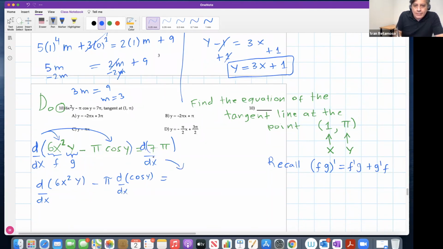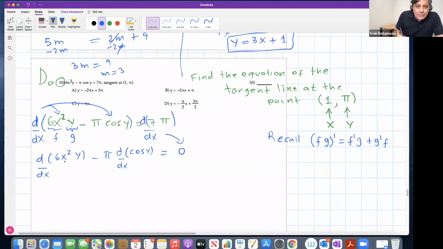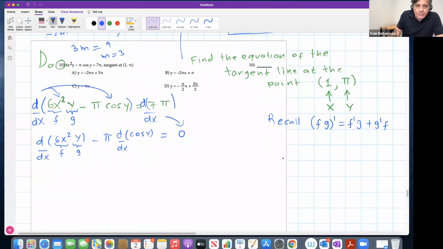And the derivative of the constant function 7 pi is just 0. Very good. Now, for this part, we said we're going to represent this 6x squared by f, this by g, and we're gonna use our product rule, right? Product rule says start with the derivative of the first factor, which is 6x squared. That derivative is gonna be 2 coming down multiplying 6, 12x, one less exponent, remember?